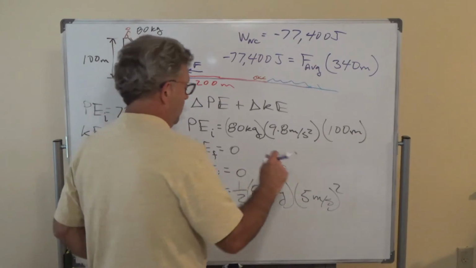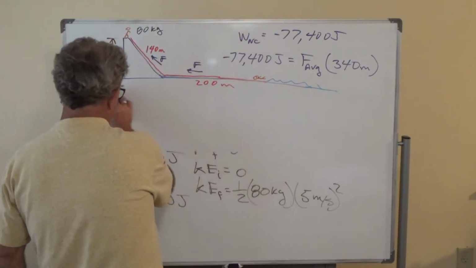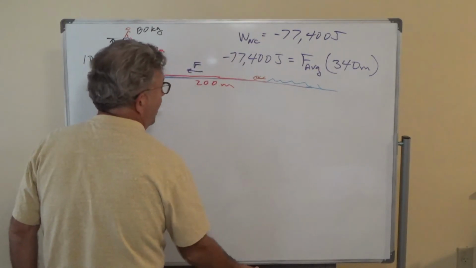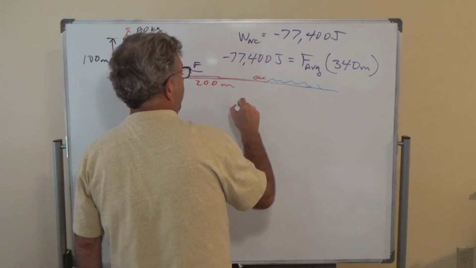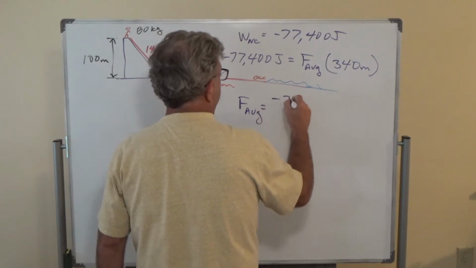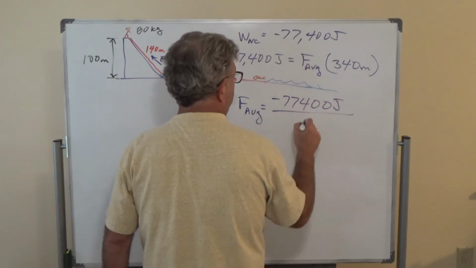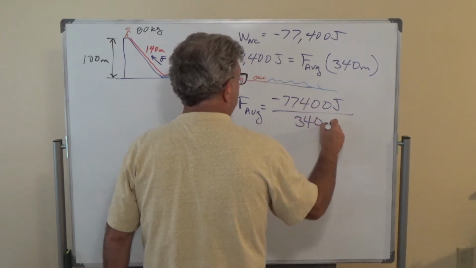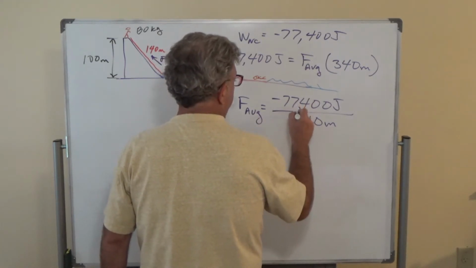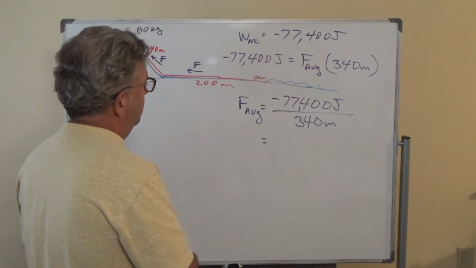That makes sense. I guess we could just ask for the magnitude. So F average is equal to negative 77,400 joules divided by 340 meters. And that is equal to what?